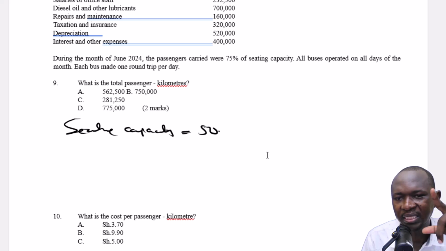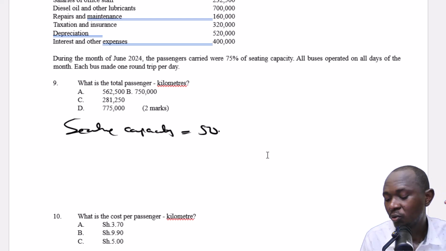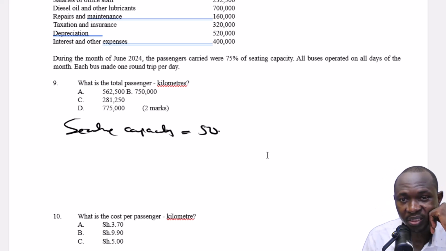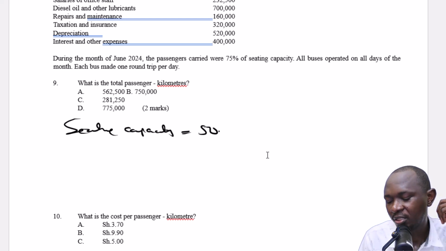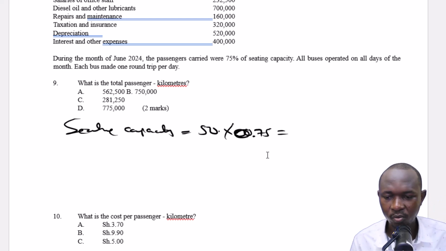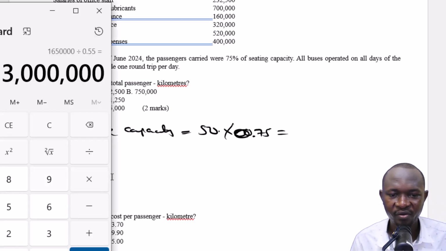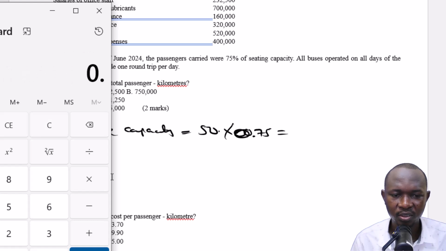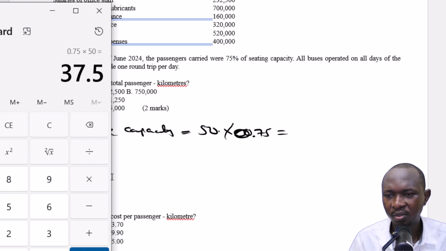The question wants the total passenger kilometers. So seating capacity 50 passengers, and the passengers carried was 75% of seating capacity, 0.75. So it means the passengers carried will be 0.75 of 50. 0.75 times 50 gives us 37.5.